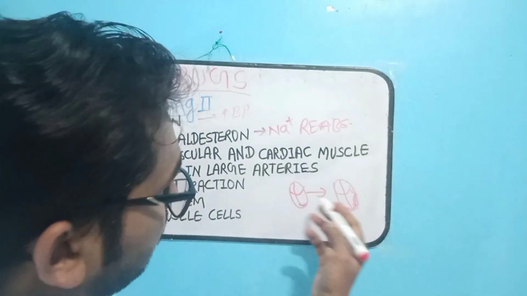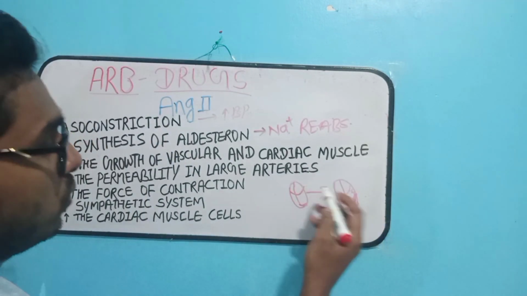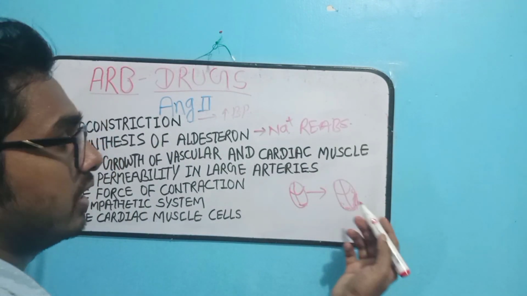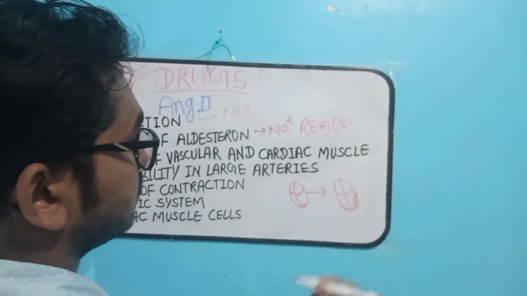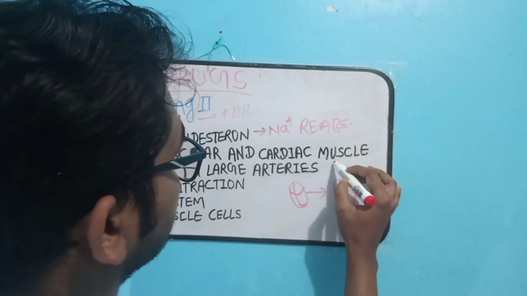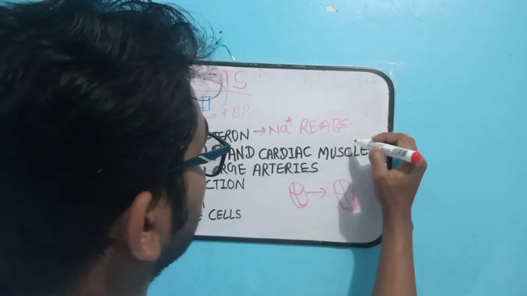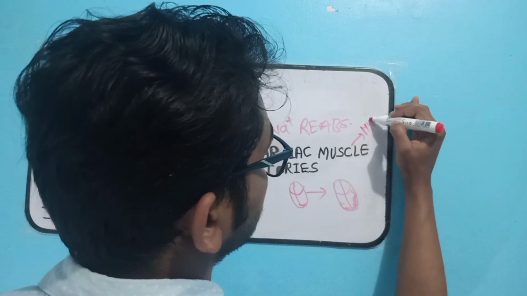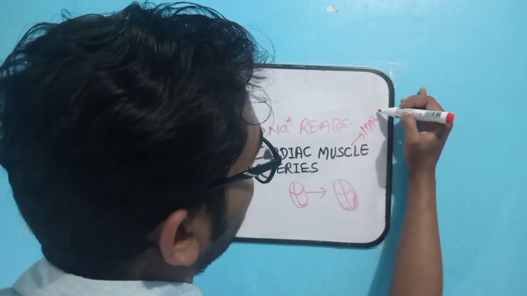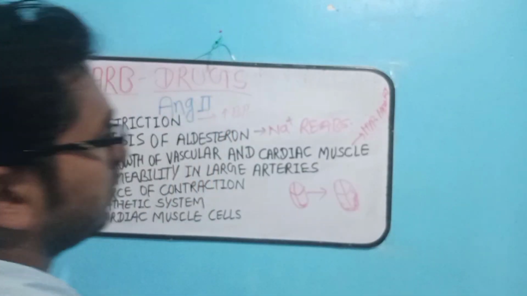So hypertrophy of the heart occurs, and that also affects the blood pressure. So it causes cardiac hypertrophy.